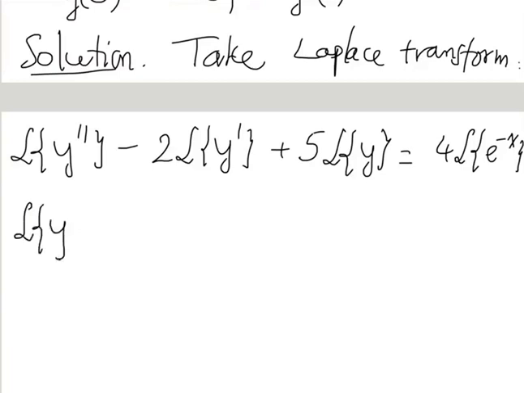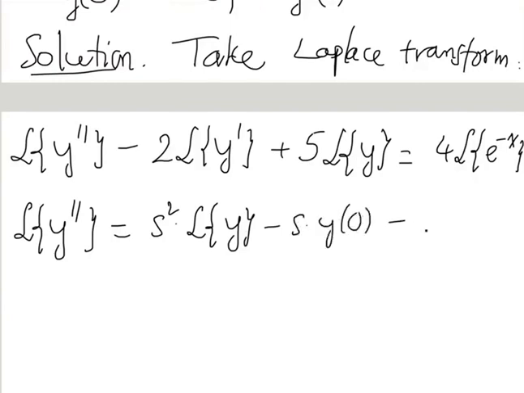The Laplace transform of the second derivative is s squared times the Laplace transform of y minus s times y(0) minus y prime of 0.